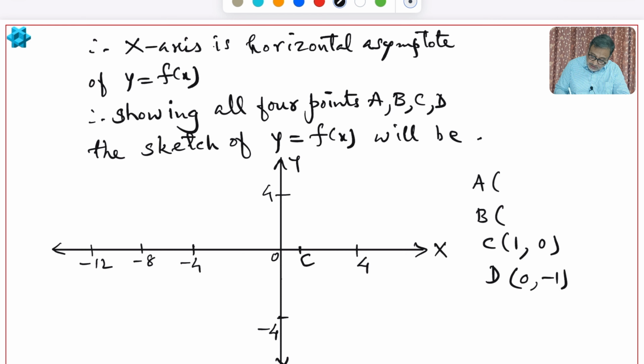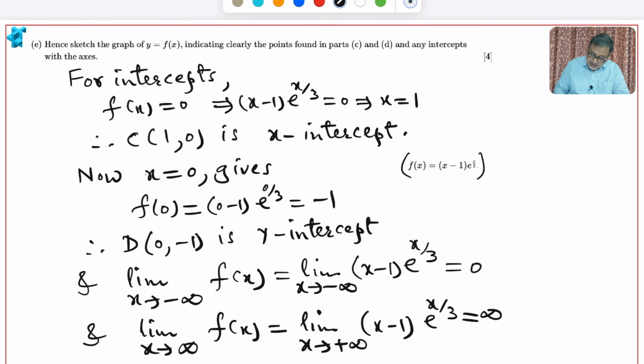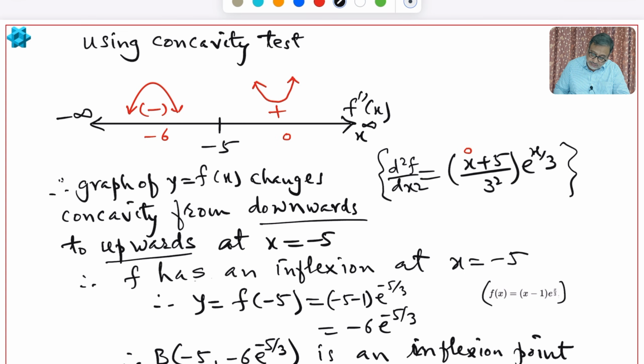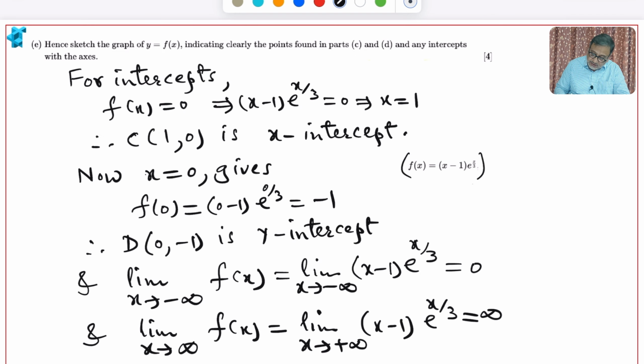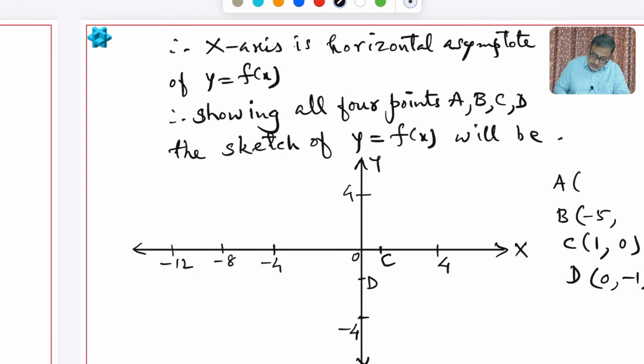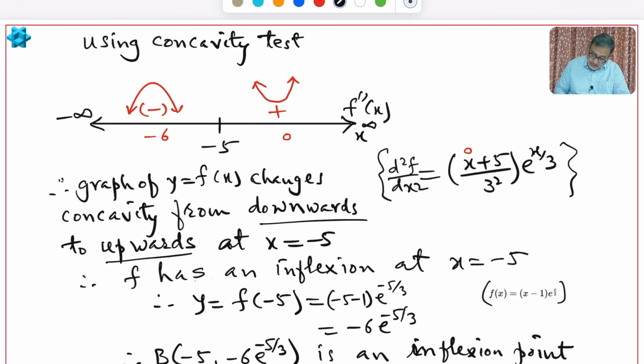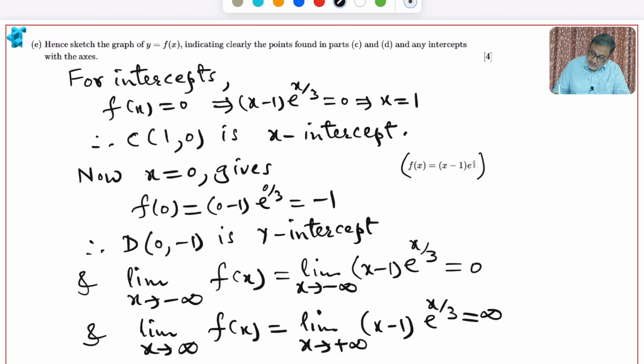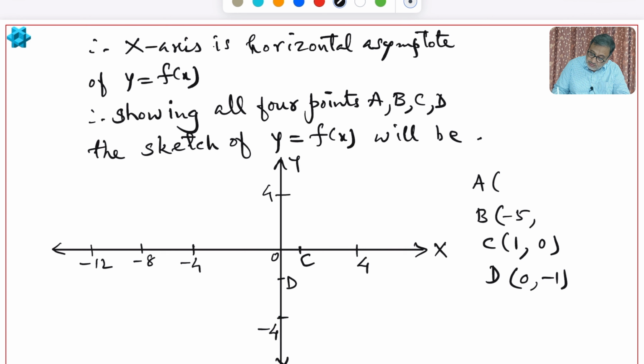So D will be somewhere here, D. Okay, A and B, let me put them here together. B is minus 5, minus 6 e raised to minus 5 by 3, right?